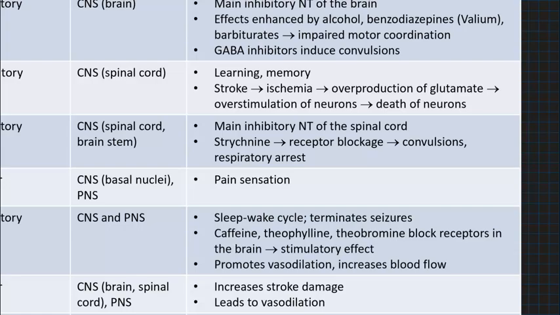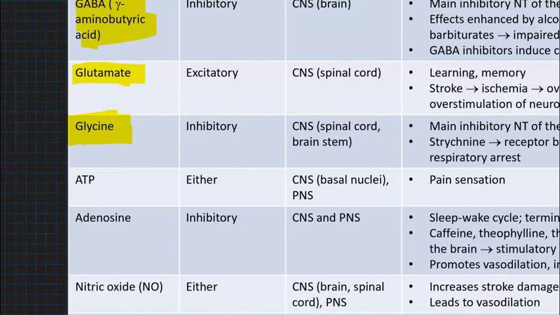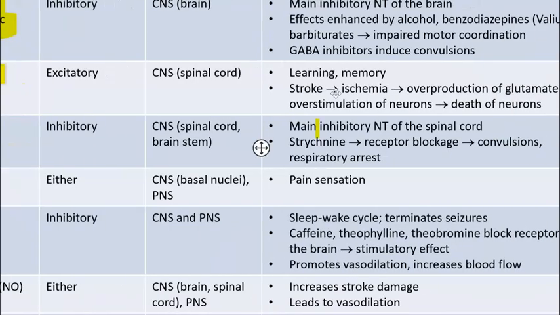So here's an example of antagonist. There is a neurotransmitter called glycine. Glycine is an inhibitory neurotransmitter in the spinal cord. Your spinal cord transmits signals to your muscles.